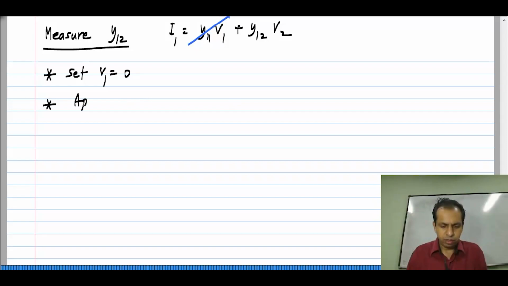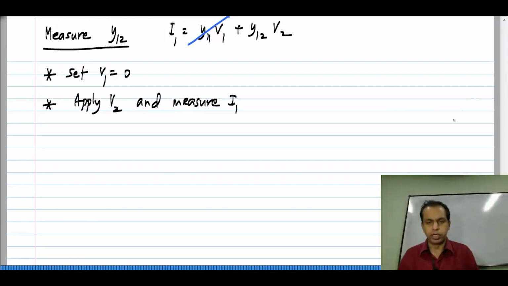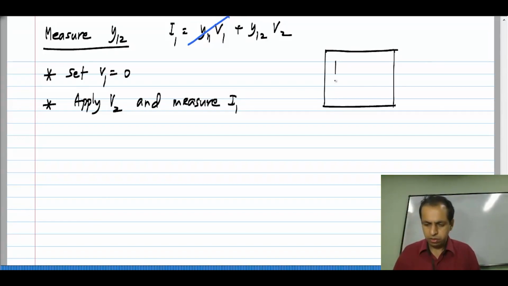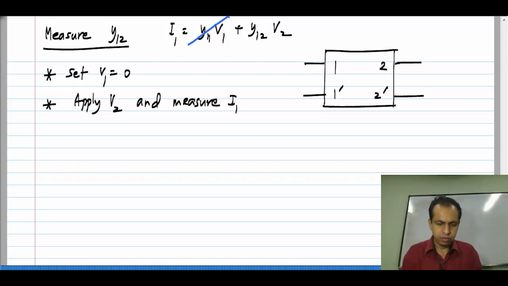Then you apply V2 and measure I1. Meaning we have ports 1 and 2. This is V2. We short circuit port 1, that is the meaning of setting V1 to 0.